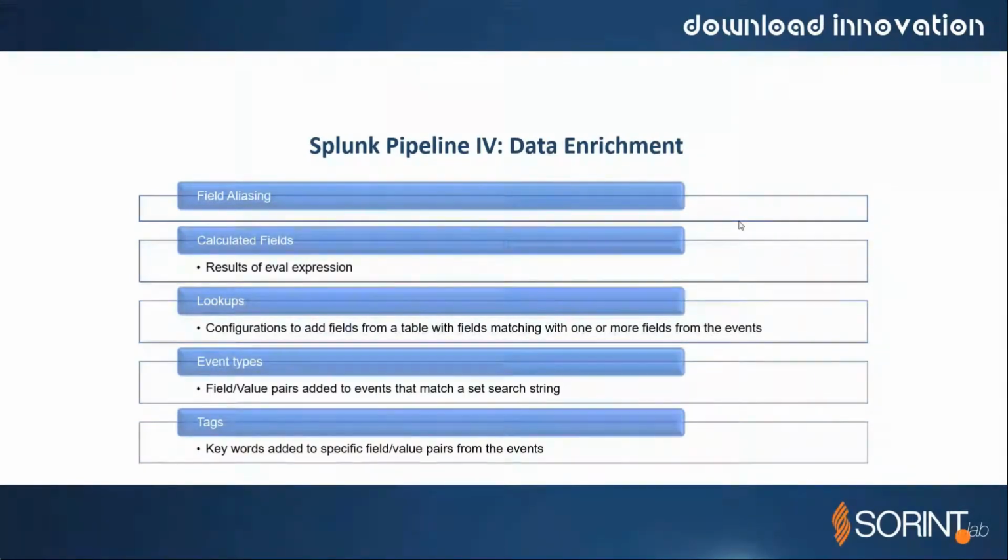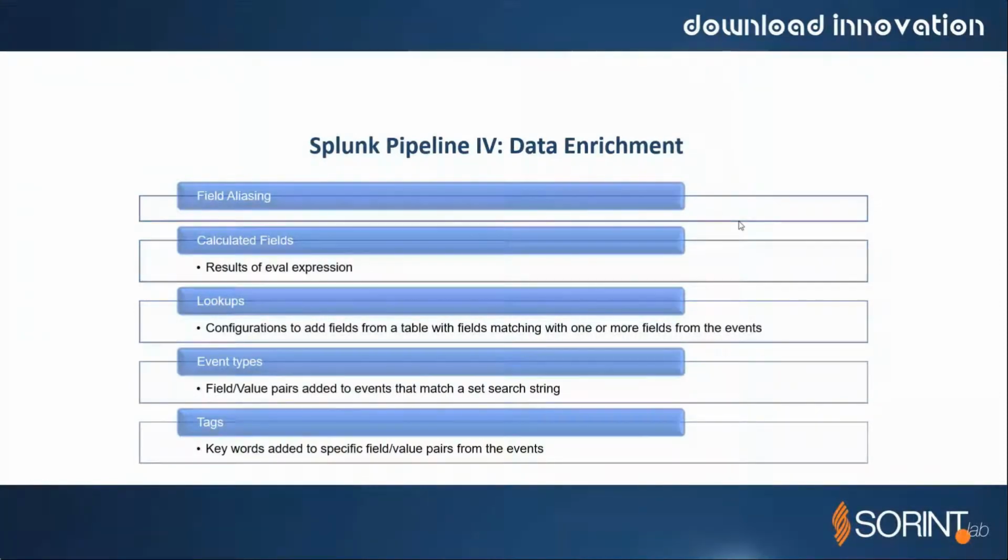This is a view of the different knowledge objects of Splunk. Field aliasing is all about referencing fields with different names. Calculated fields are just a result of eval expressions, which can be reused. Lookups are configurations to add fields from a table with fields matching one or more fields from the events.